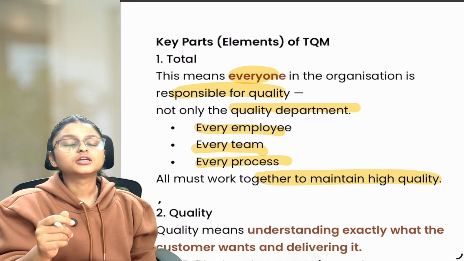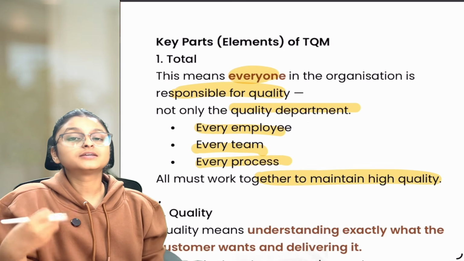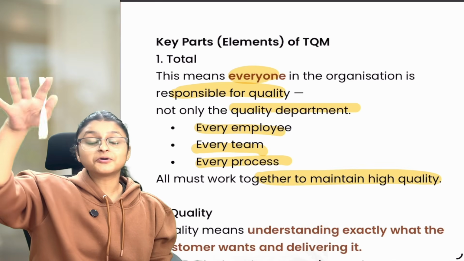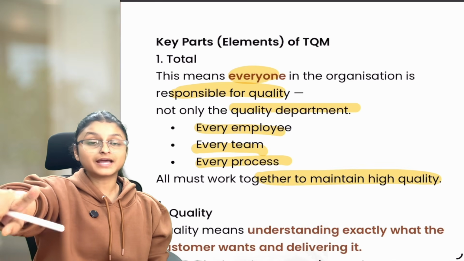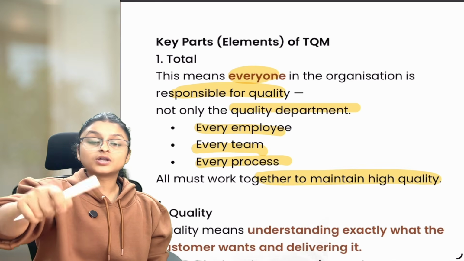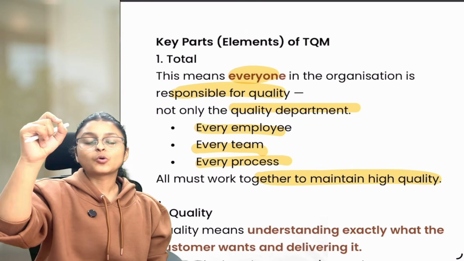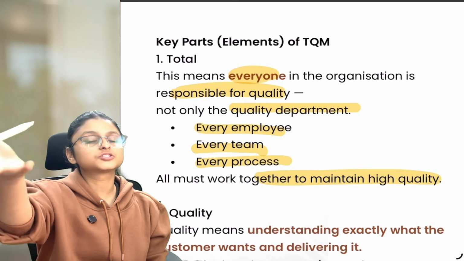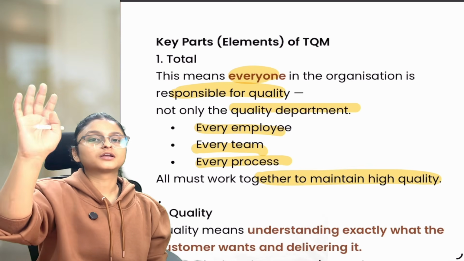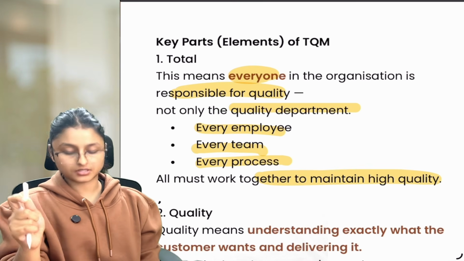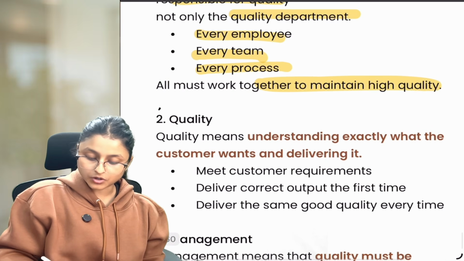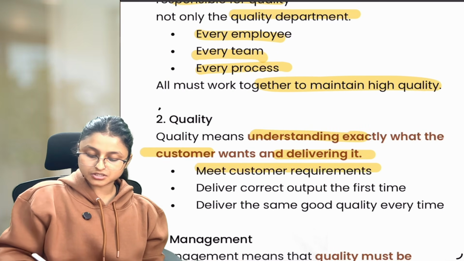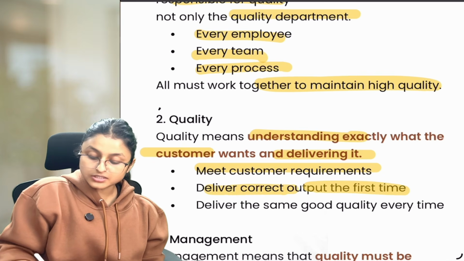Next comes quality. What will be quality in our case? Think about it. We have already understood, or read about, 10 to 12 definitions of quality, right? So what does quality mean in TQM? Quality means only thinking or checking what our customers want and delivering it. So we will focus only on the customer, understanding what the customer wants and delivering it. Meeting customer expectation, deliver correct output the first time.